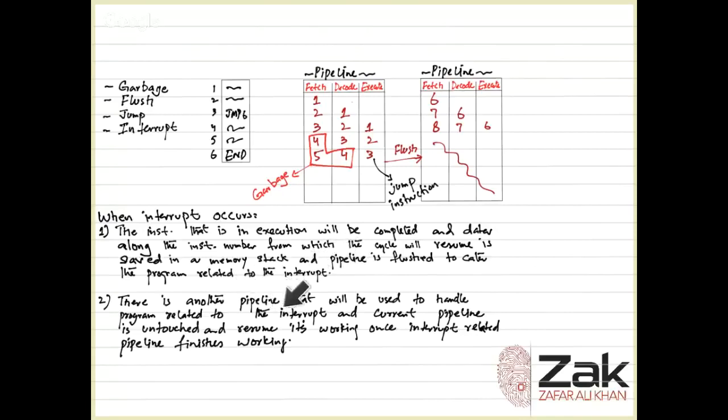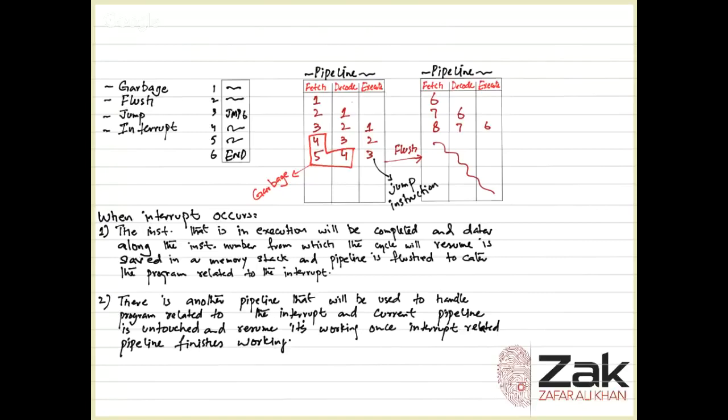This is from your book, the CI book. There is another pipeline that will be used to handle the program related to the interrupt, and the current pipeline is untouched and resumes its working once the interrupt-related pipeline finishes working. What does that mean?